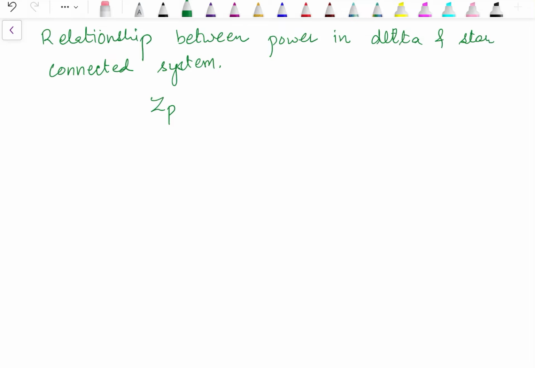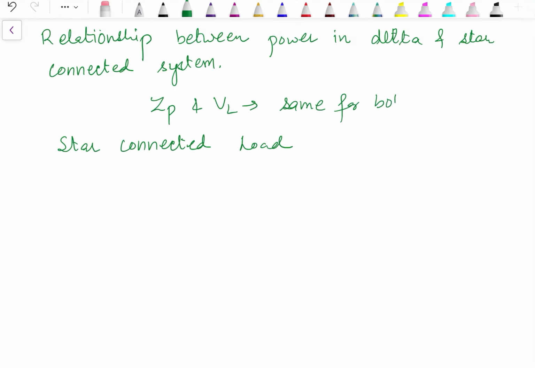So when we have a star connected load, Zp and VL are the same for both star and delta connected systems. I am considering the first case when the load is connected in star.